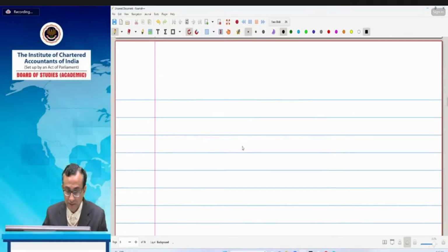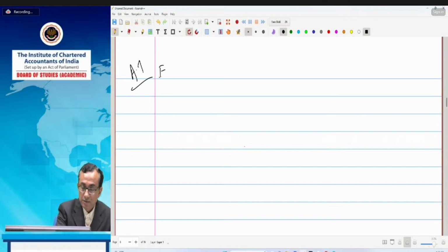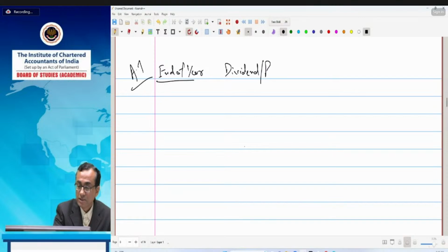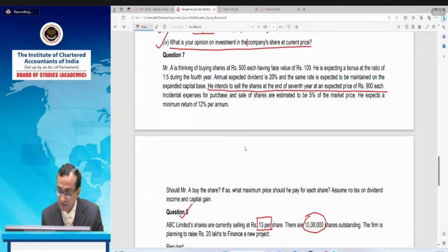We'll solve it here. In the same way which you have calculated before: end of year, dividend, price, present value factor, discount rate. The discount rate is given in the question. I think here he expects a minimum return of 12%.